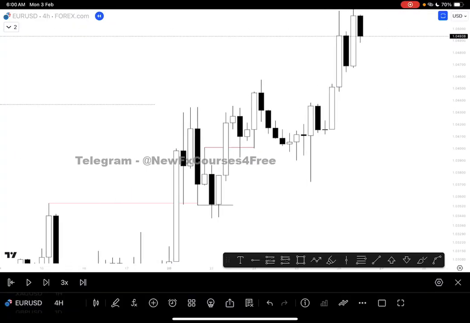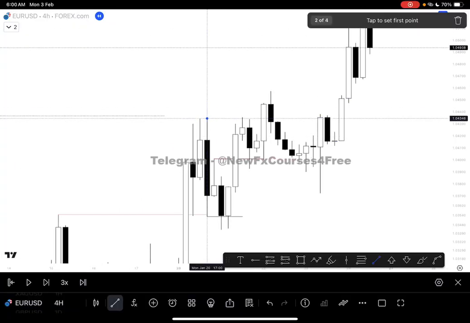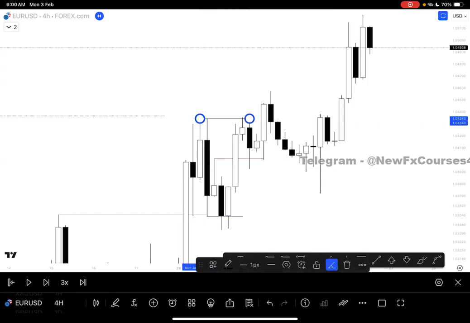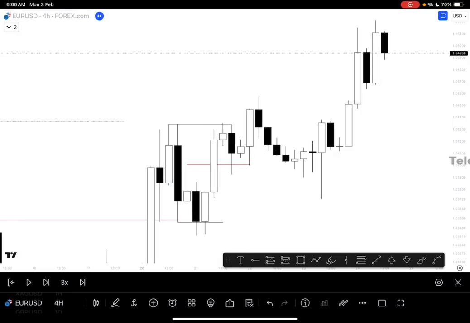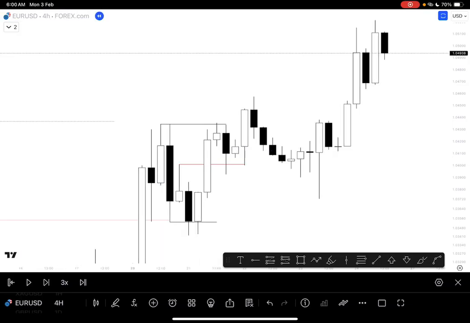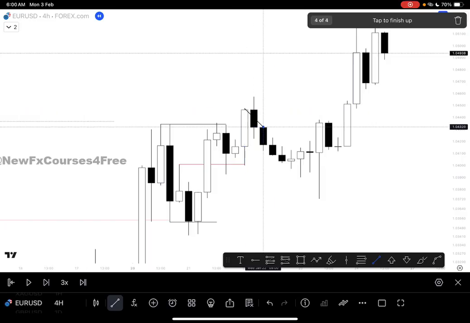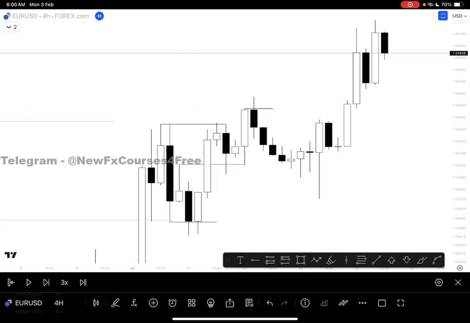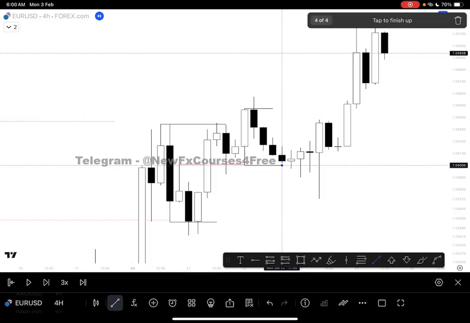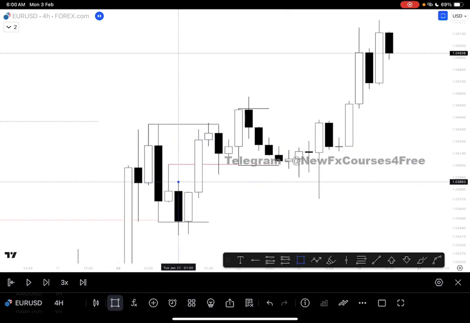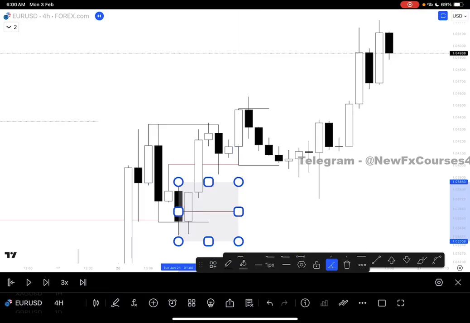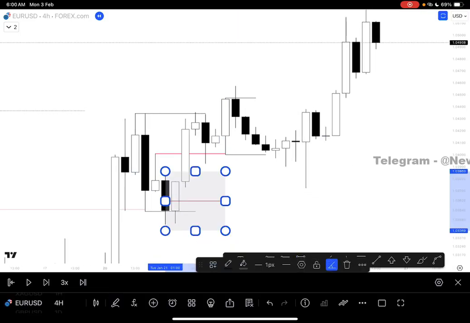So here, after clearing out this liquidity over here and above these highs also, we got a decline in price going back lower into our forward order block over here.